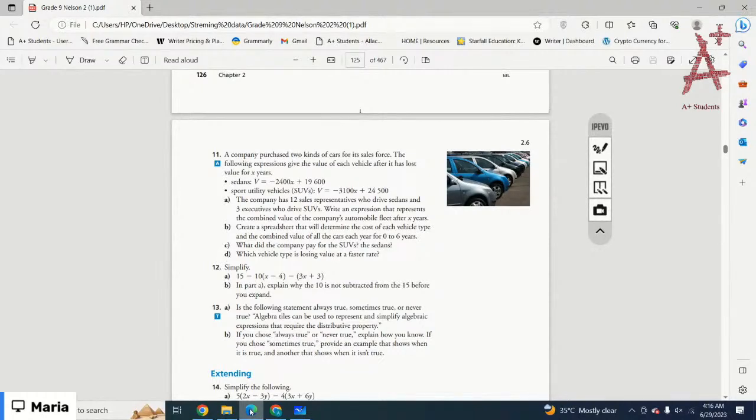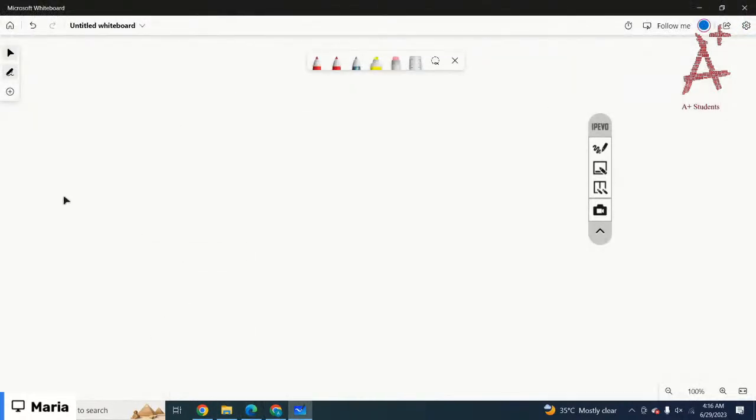First, A: the company has 12 sales representatives who drive sedans and 3 executives. Write an expression that represents the combined value of the company's vehicles, and determine the cost of each vehicle type. So it would be 12 for sales representatives and 3 for executives. Question number 11.